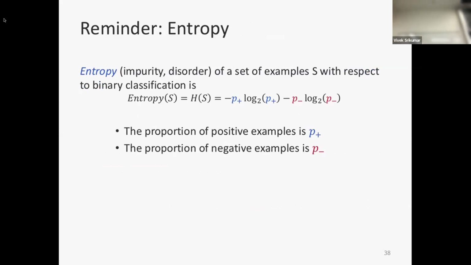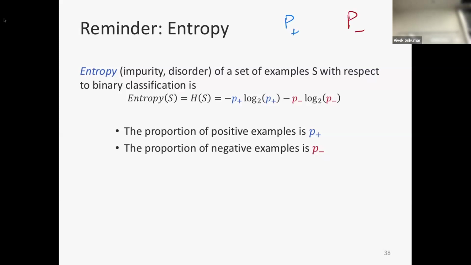I'm not going to talk about entropy in the most general sense, in the sense that's used in information theory. I'm going to talk about it with respect to what we need here. So let's say that you have a data set for binary classification, where the fraction of examples that are labeled positive is p plus, and the fraction of examples that are labeled negative is p minus.